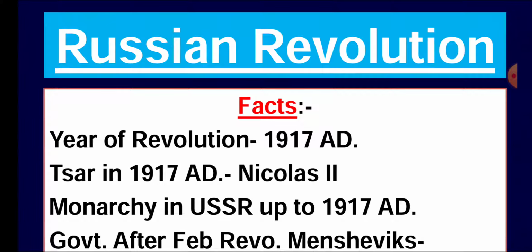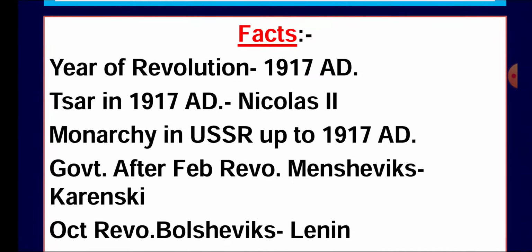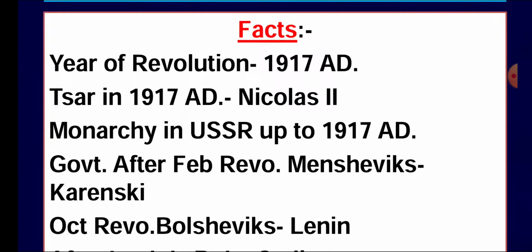Before 1917, Russia was ruled by an emperor called Tsar, and his name was Nicholas II. See some other facts related to this chapter.